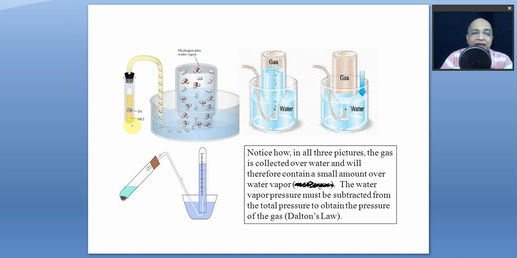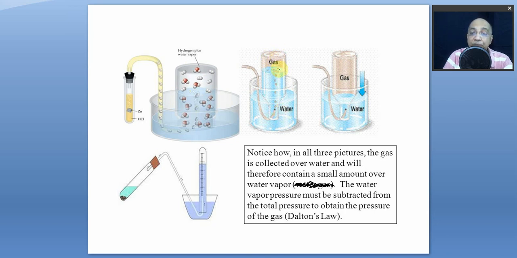Now see, in all these experiments, supposing hydrogen is collected over water. Hydrogen is collected, no doubt, but you find water molecules are also there in vapor form. That will contribute to the overall pressure. Here the gas is collected through water, so the gas, supposing hydrogen or oxygen, whatever gas we are preparing, is contaminated with some water vapor.